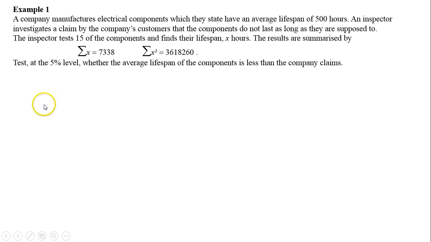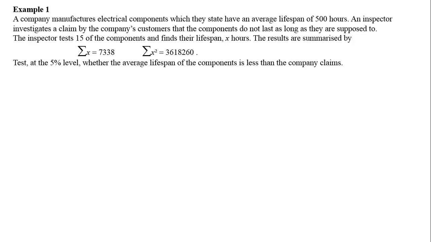Right, let's see an example. A company manufactures electrical components which they state have an average lifespan of 500 hours. An inspector investigates a claim by the company's customers that the components do not last as long as they are supposed to. The inspector tests 15 of the components and finds their lifespan, X hours.